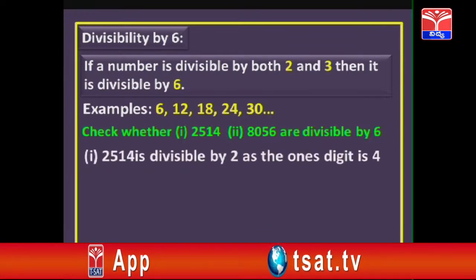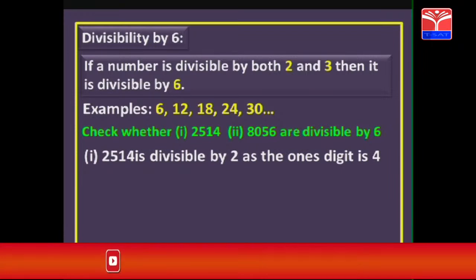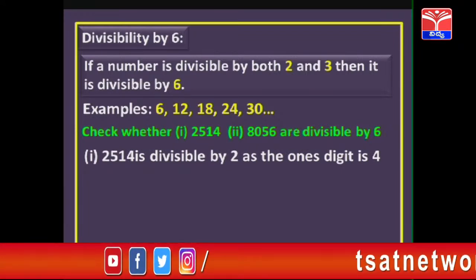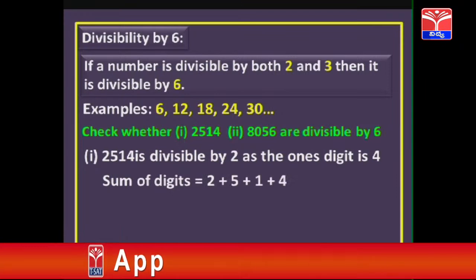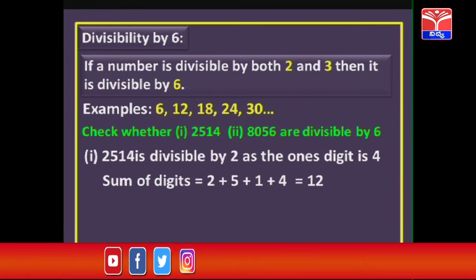So let us consider the first number, that is 2514. Now this number is divisible by 2 as the ones digit is 4. We have already learned the divisibility by 2. Now we will check whether this number is divisible by 3 or not. For that, we will consider the sum of the digits, that is 2 plus 5 plus 1 plus 4. What do you get, children? Yes, adding them you get 12.